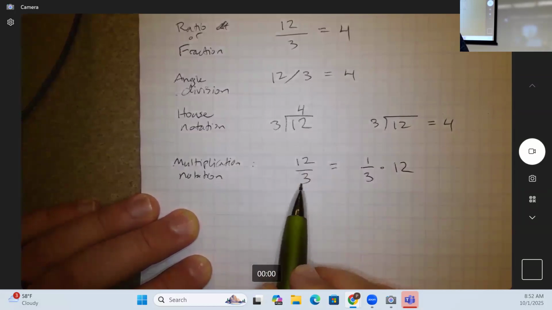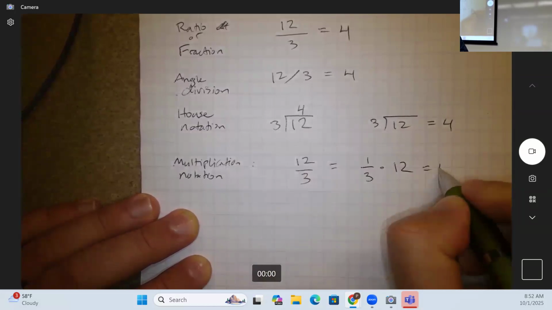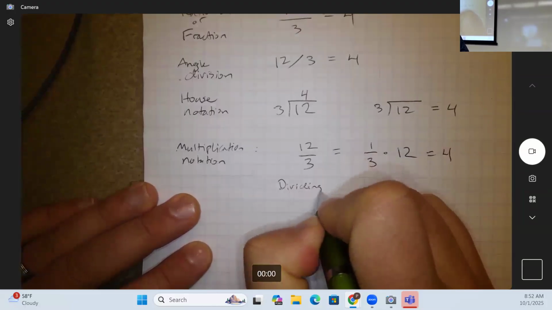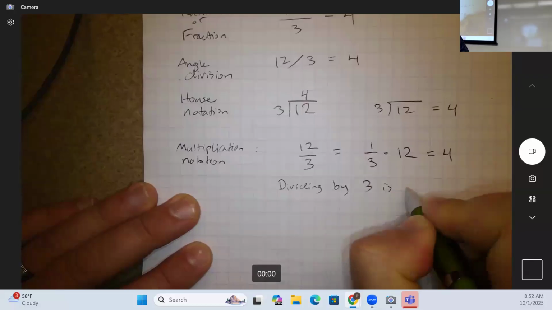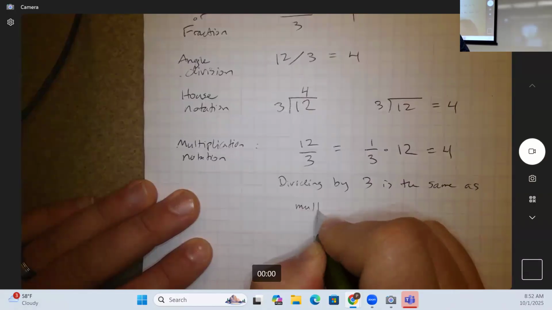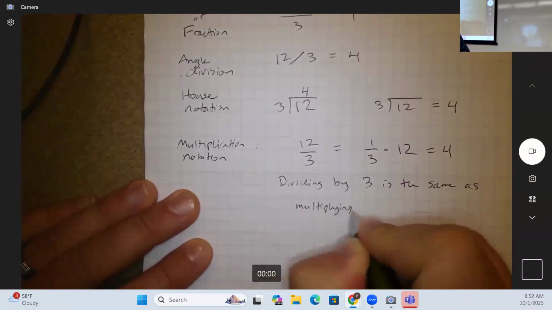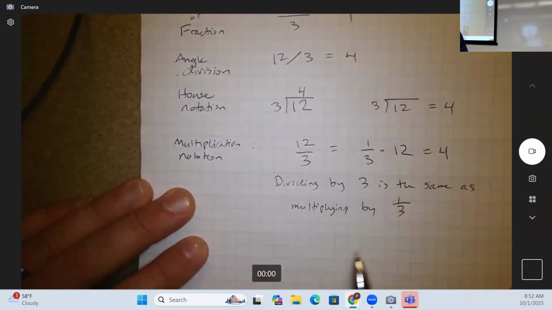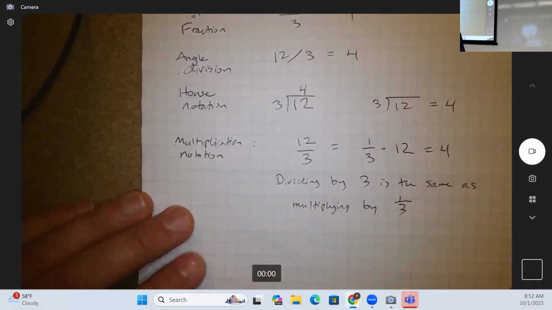Dividing by 3 is the same as multiplying by 1/3. Dividing by any number is the same as multiplying by 1 over that number.